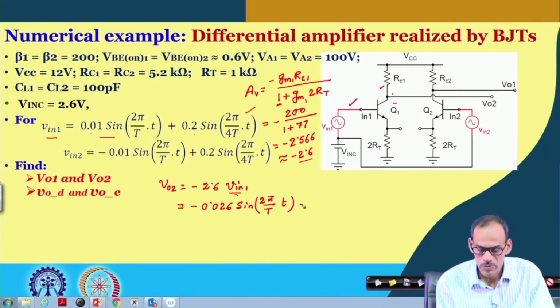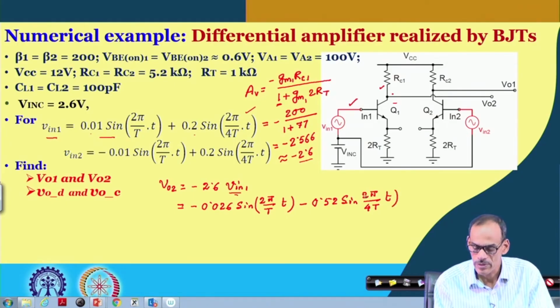So, that is equal to minus 0.52 sin 2π/4T into t.